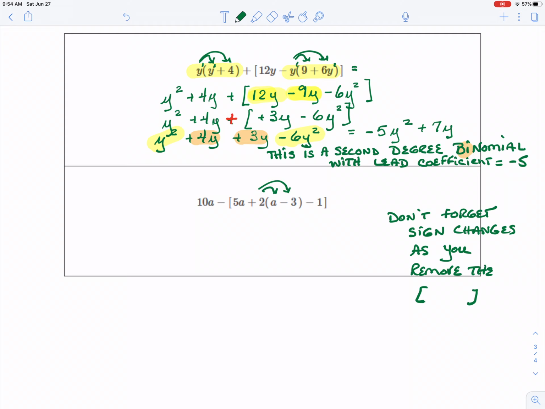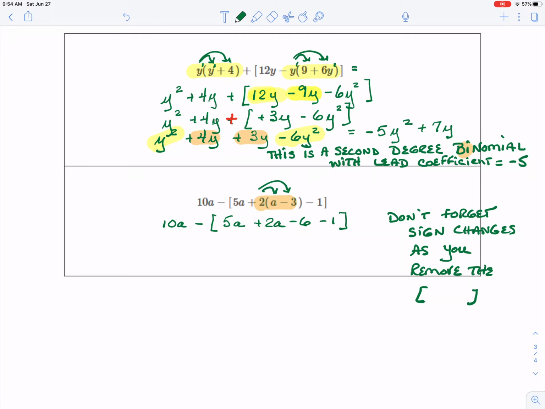All right, last one. Again, I've got some complicated things going on here. I'm going to go ahead and distribute inside the bracket first. So copy, copy, copy, multiply, multiply, copy.